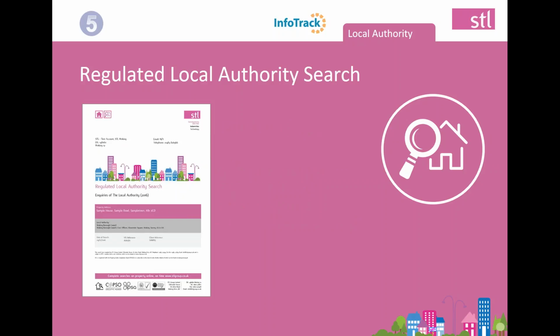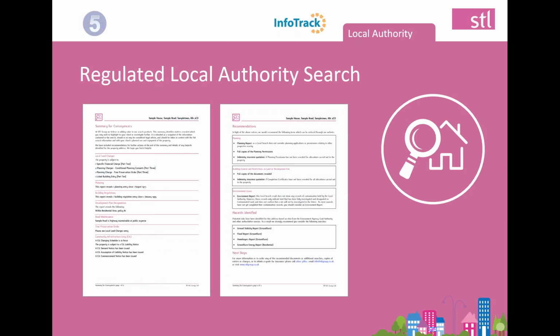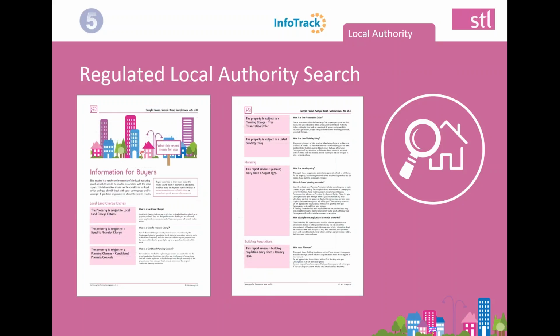If you order the local authority search, a regulated search through InfoTrack, this is what it looks like, and you do get the added benefit of a summary for conveyancers on that first page, which really pulls out the key entries in the search, so that you don't have to flick through the whole pack. You can look at the key entries and make some decisions there, and it'll also tell you which hazards have been identified with that property.